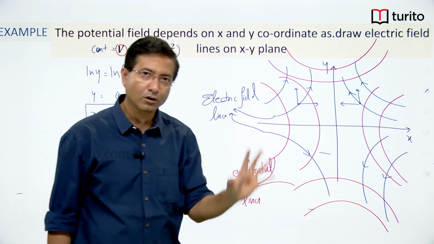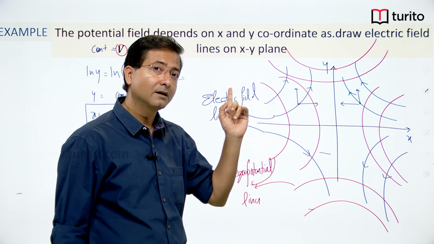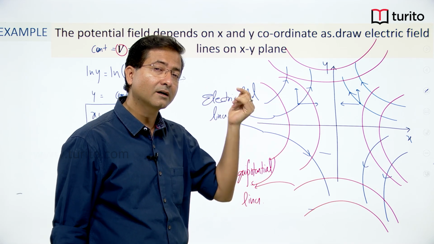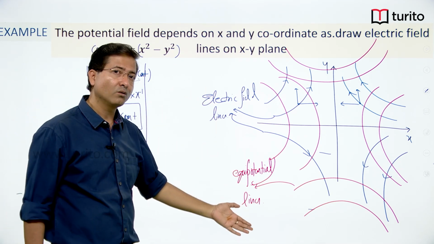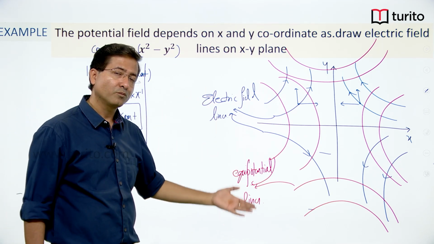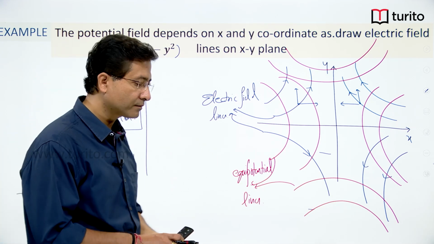I hope this whole concept is clear. So we talked about field lines in our third class, right, and today I completed the whole concept. So, the potential concept and field line concept both got over.